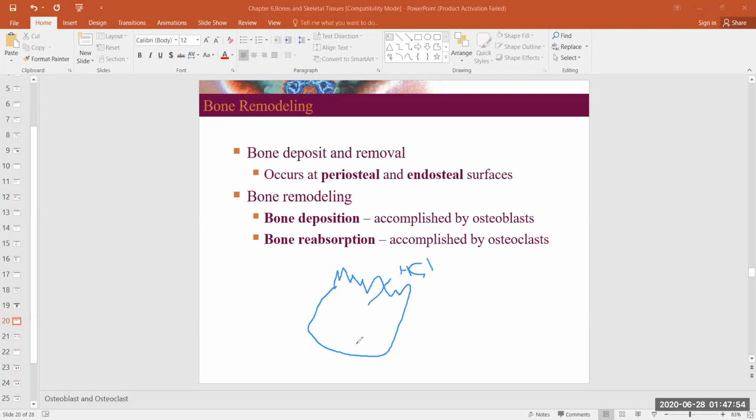And this hydrochloric acid produced by this cell eats up excess bony matrix and makes the bone surface and length smooth, okay? It occurs at the periosteal and endosteal surface. So it clears and makes it smooth on the surface, inside and out.